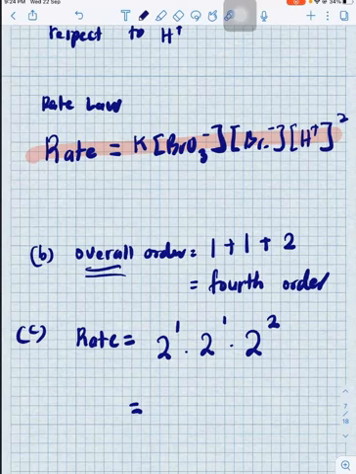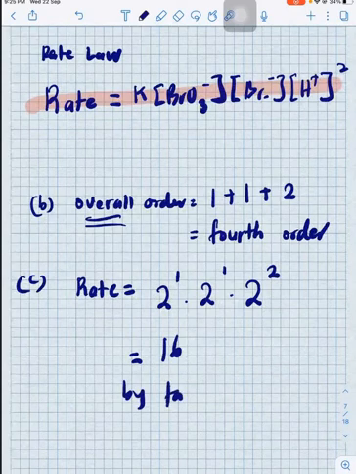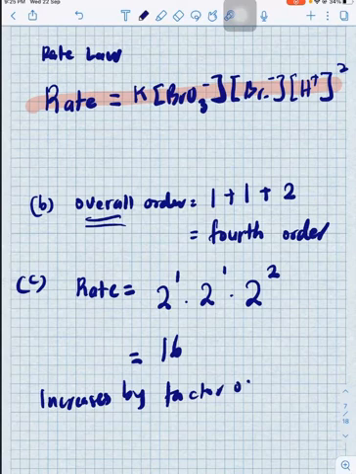Kita punya rates of reaction will be increased by factor of berapa? 16. So 4 darab dengan 4. So jawapan dia tak boleh tinggal sebagai 16 lah, because 16 tu lebih kepada number. But because kita nak cerita kepada how fast kan, then jawapan dia kena increase by factor of 16.